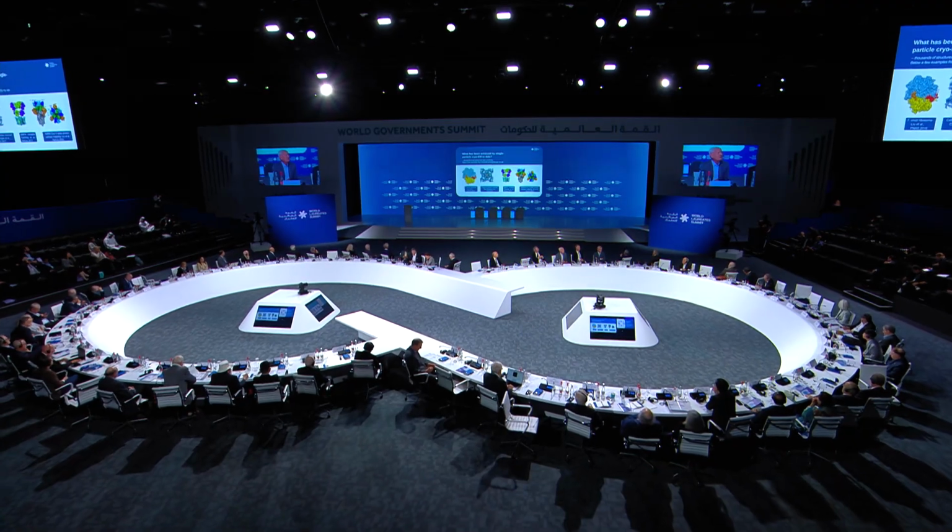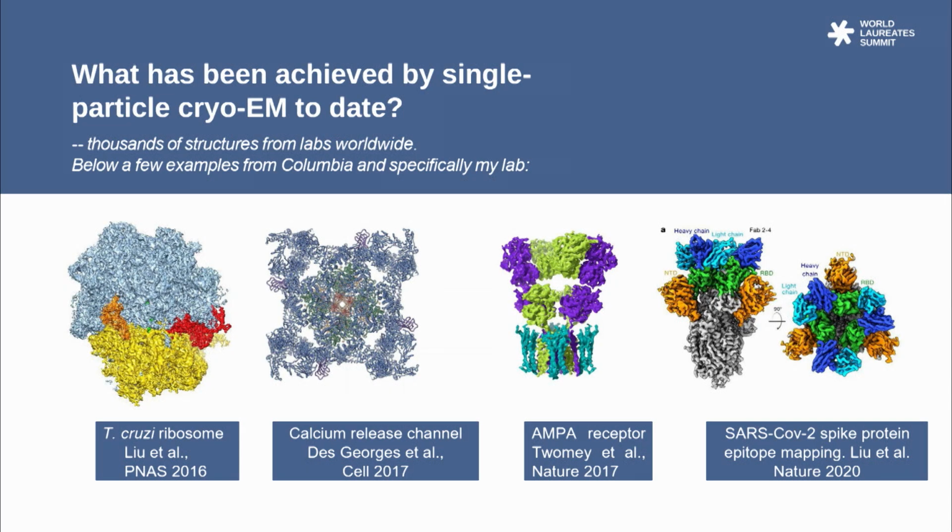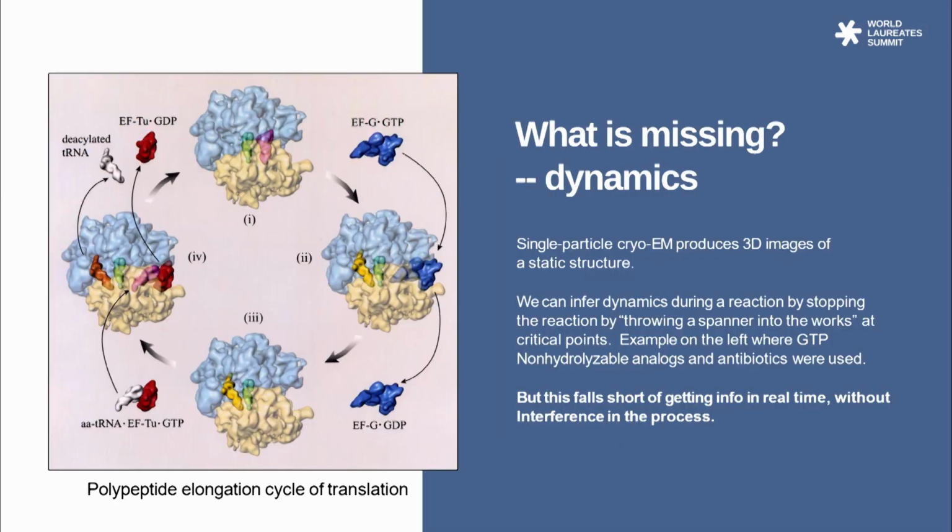So what has been achieved by single particle cryo-EM today? I only give a few examples where my laboratory has made contributions, but in fact now thousands of structures are being solved experimentally by this method. So what is missing? Missing is really the dynamics.